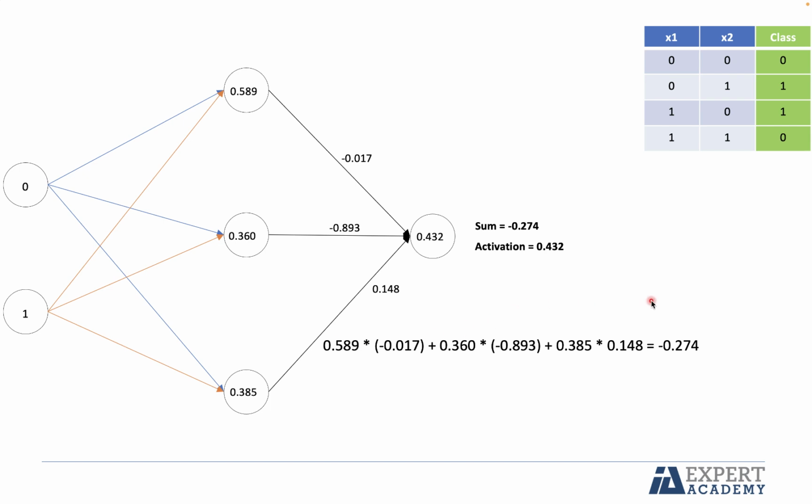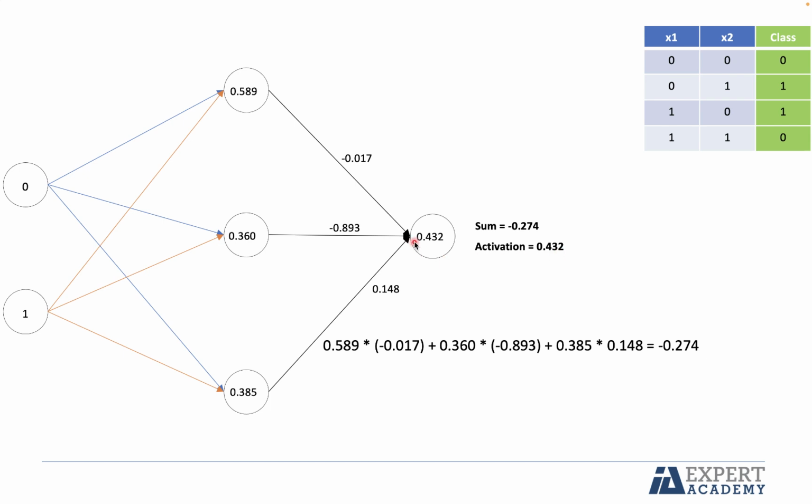All the calculations are already in the slides, and again, I encourage you to pause the video and check the values step by step, so it will be easier to understand. The sum function and the activation function, 0.432.